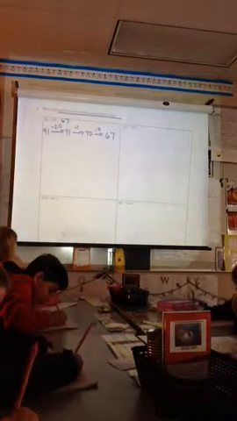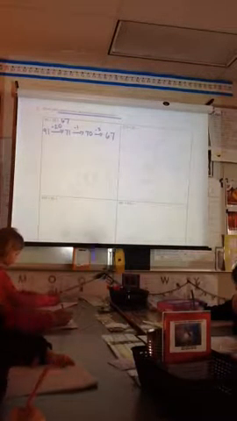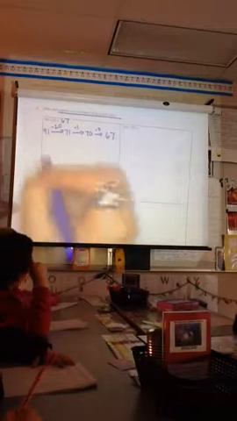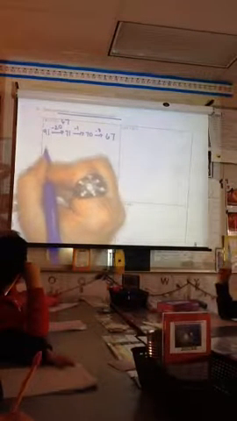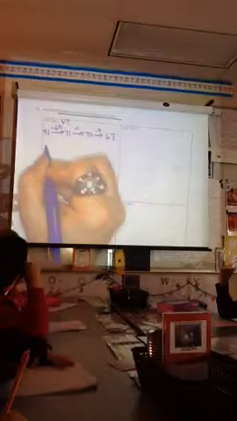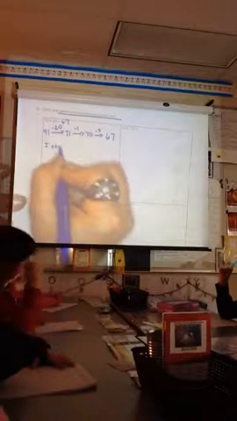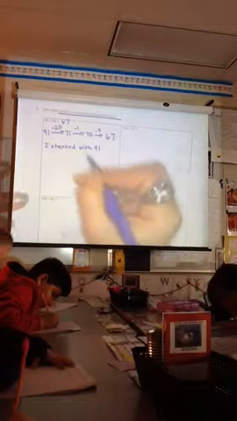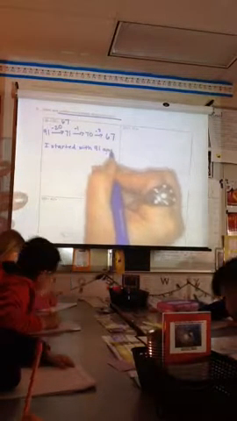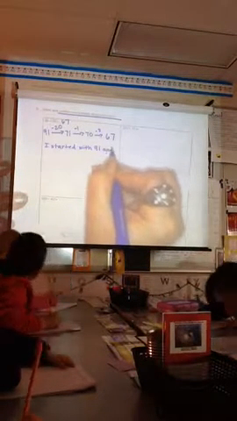And I can't forget my written explanation of my answer using place value. So what did I do? I started with 91 and took 2 tens away.